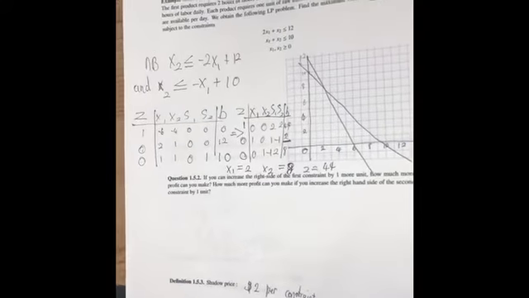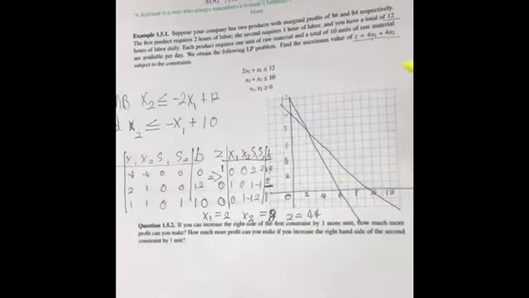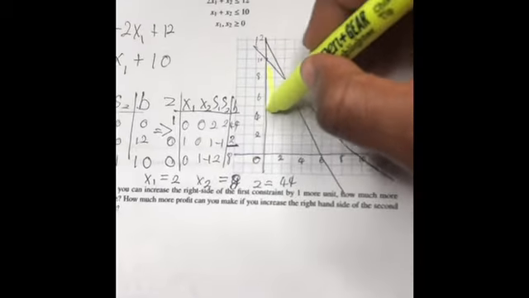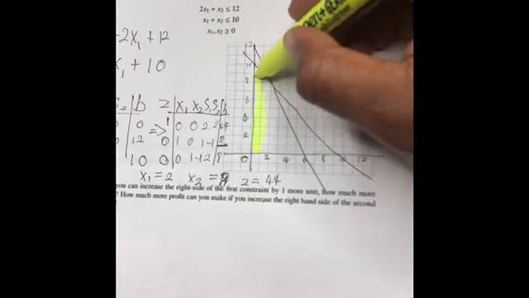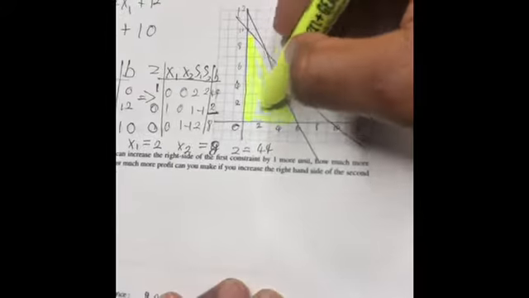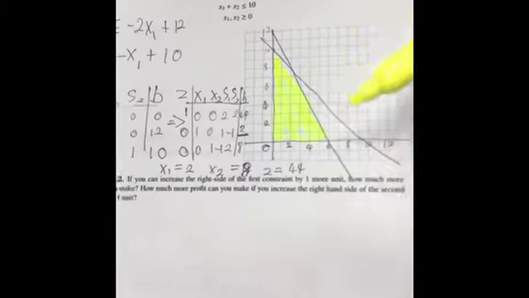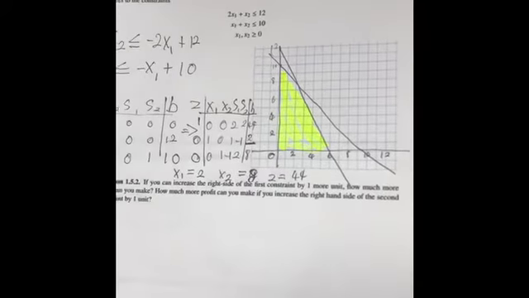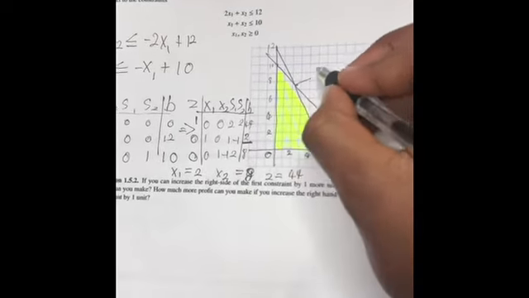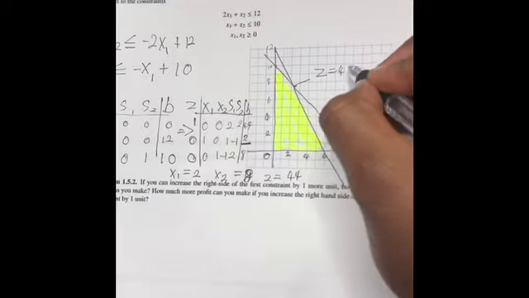Let me get my highlighter. I'm not going to use too much of the highlighter. You guys get the gist. Now we know that z is equal to 44.